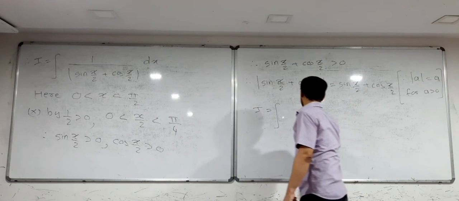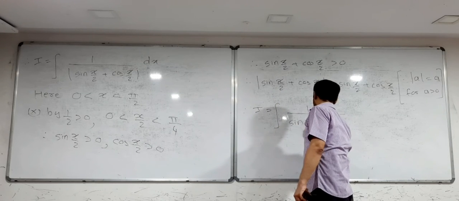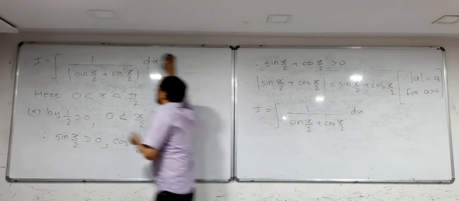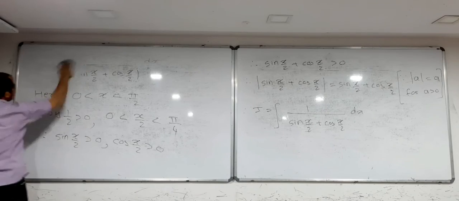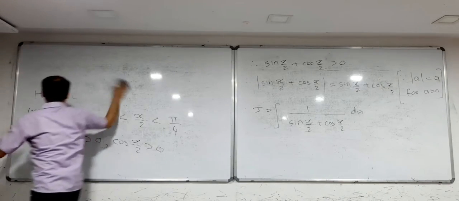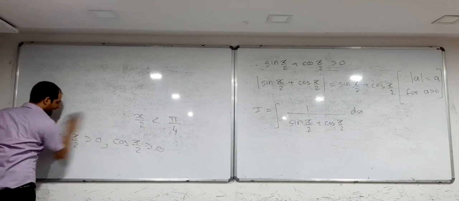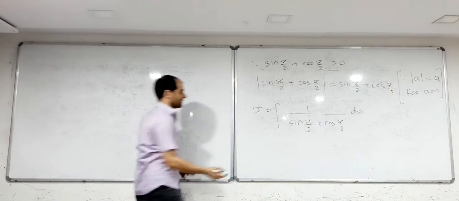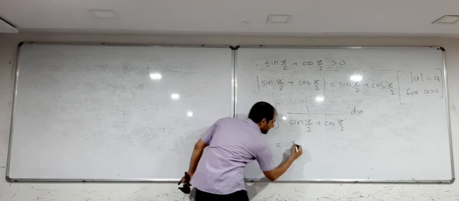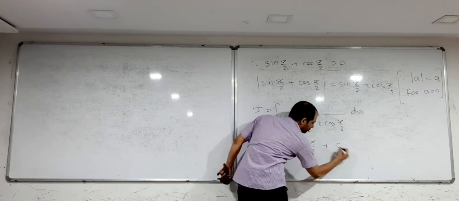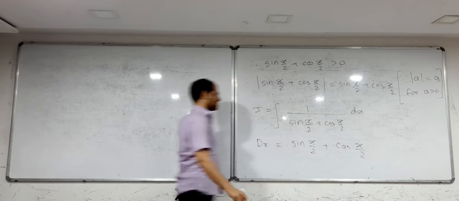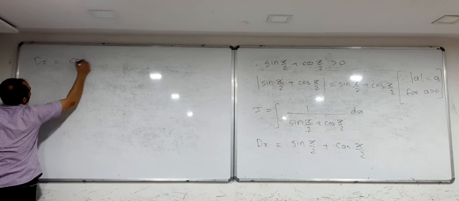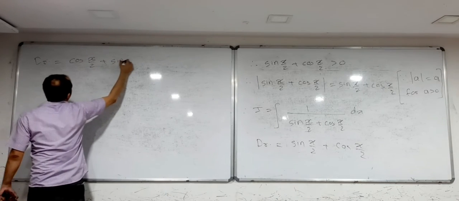I हो गया integration of 1 upon sin of x by 2 plus cos of x by 2 dx. कौन सा फॉर्म है? It is in the form of a cos x plus b sin x only. So denominator क्या है यहाँ पे? Denominator is sin of x by 2 plus cos of x by 2, and you can write denominator is cos of x by 2 plus sin of x by 2.